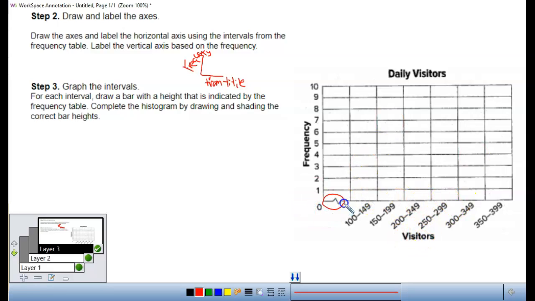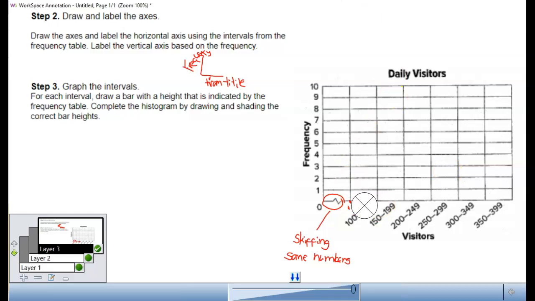And this symbol on the front just shows that you are skipping some numbers. That is how I get to start at the 100 right here. Here's where 100 is, and here's where 149.999 is. I get to do that because I've shown that I'm skipping a couple numbers. And that's what that symbol means.